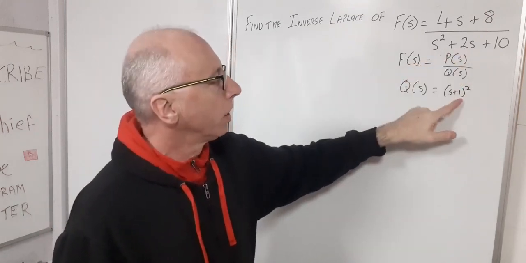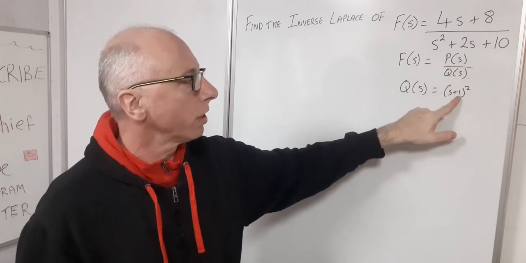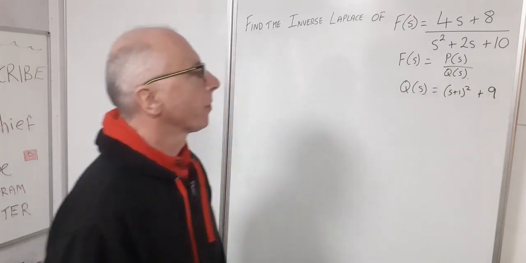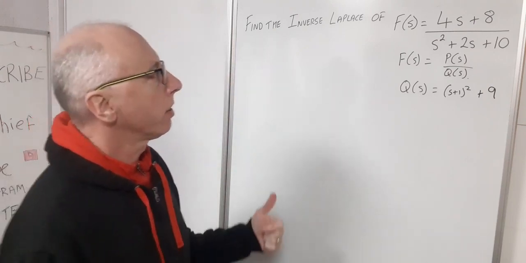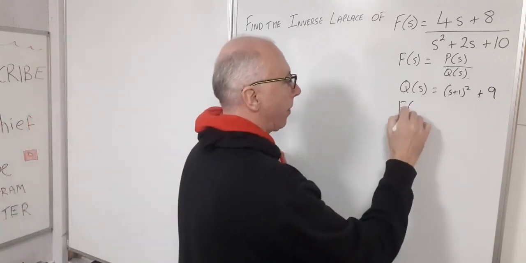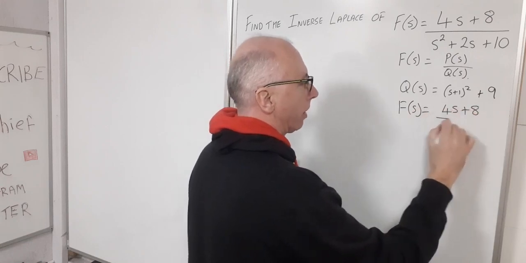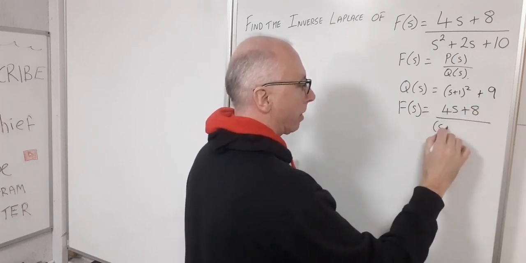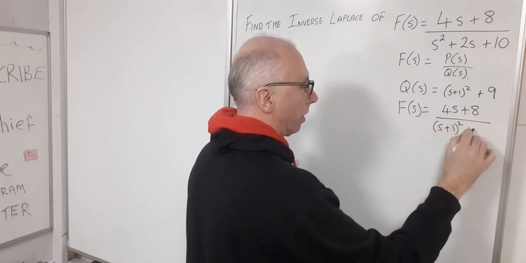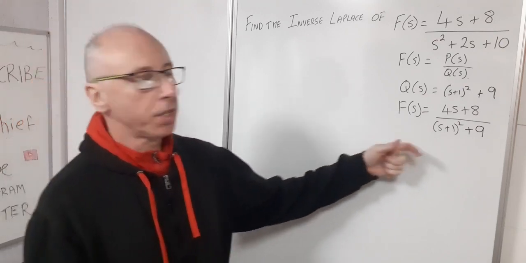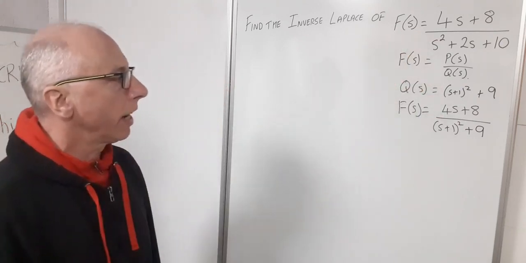Then subtract a 1 because we've created an extra 1, so we're left with plus 9. So that's my Q of s. Now I can write my F of s as 4s plus 8 divided by s plus 1 squared plus 9. That's still the same value as what we originally started with.